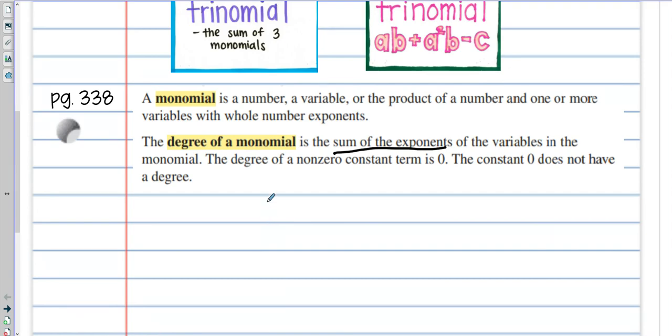The degree of a non-zero constant is 0. For example, if you have the number 5, the degree here would be 0, okay? Now, they're saying the constant 0, so let's say you have a 0, that does not have a degree, okay? So let me show you some examples of what that means.